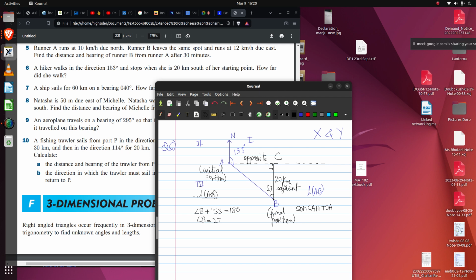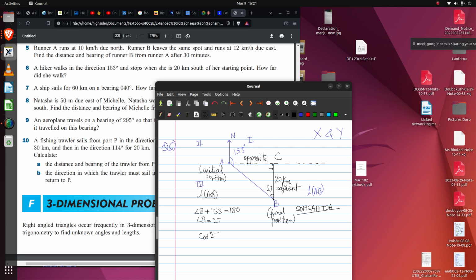SOHCAHTOA only. One of them has to be used. Decide which one. You know the hypotenuse and you know the adjacent side, so obviously it would be cos?